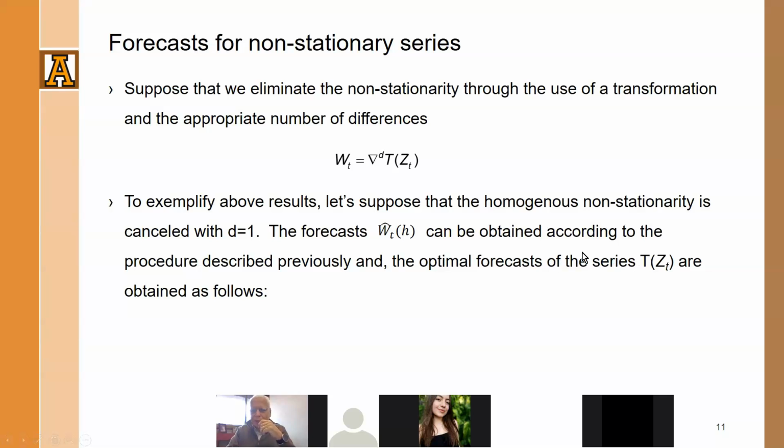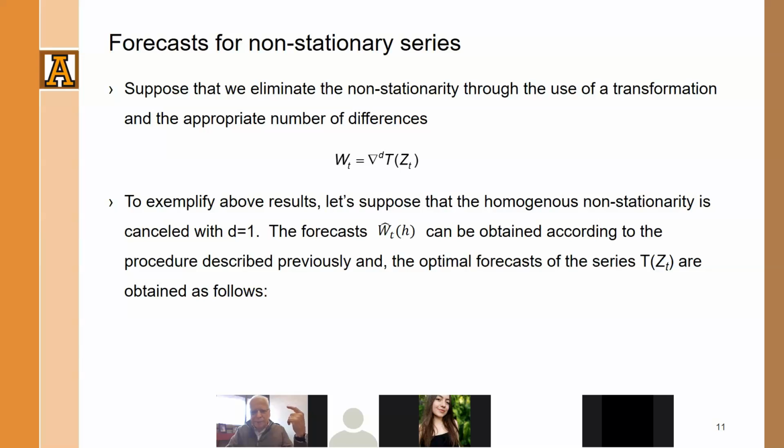Now, let's suppose that we have a homogeneous non-stationarity, and we cancel that with d equal to 1. So let's suppose that we have to take one difference. Then the forecast h periods ahead can be obtained as we just discussed, because once we take the difference, the series is stationary.